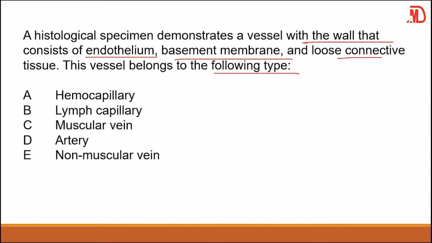Then we have the muscular type, the elastic type, and the non-muscular type. All of these things we discuss thoroughly in one of our bases, the histology basis, extensively. So please do well to watch those videos. They have been uploaded.